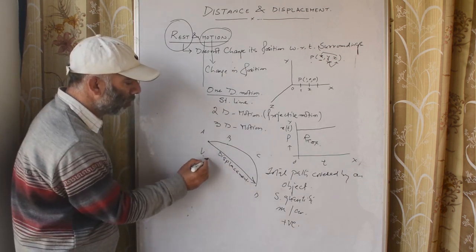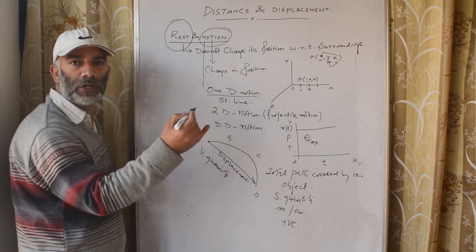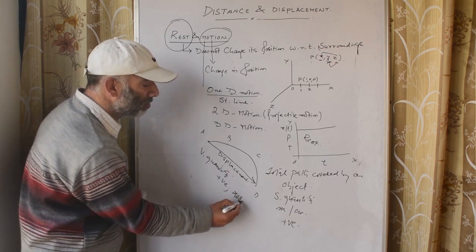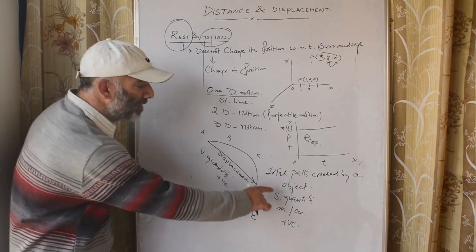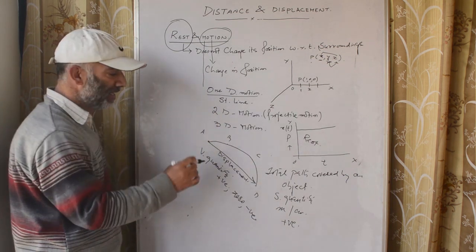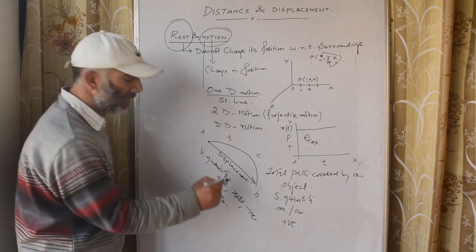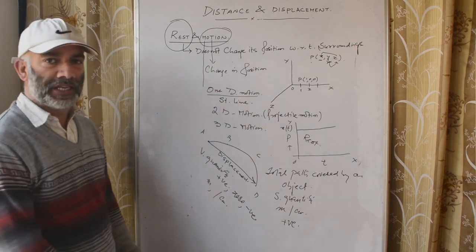So it is a vector quantity. Displacement is a vector quantity, can be positive, zero, or negative. Remember it. And its unit is same as that of the distance. That is, its unit is meter or centimeter. And dimensional formula same as that of the distance.